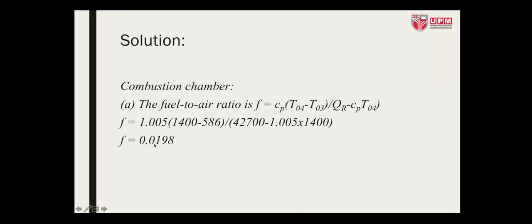You put down the numbers and you will get the value of the fuel to air ratio of 0.0198. In certain cases, later on in your fourth year in the air breathing engine subject, we will ask you to use a standard chart, where you read down the temperature and certain values to get this F value from the chart.